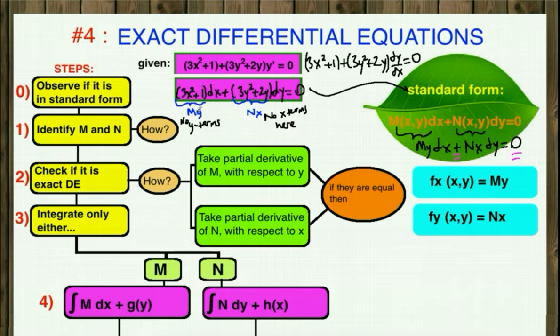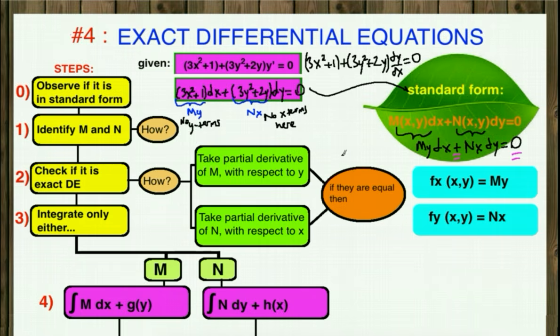The reason why we call it My or Nx is that we take the partial derivative of this part with respect to y, and of that part with respect to x. Now let's go to step 2. In step 2, we need to check if this is an exact differential equation.